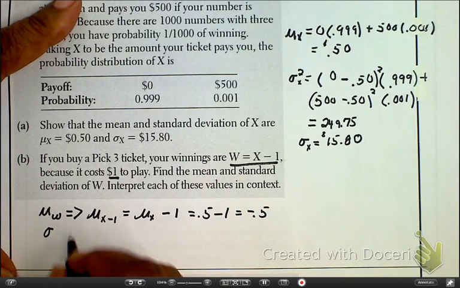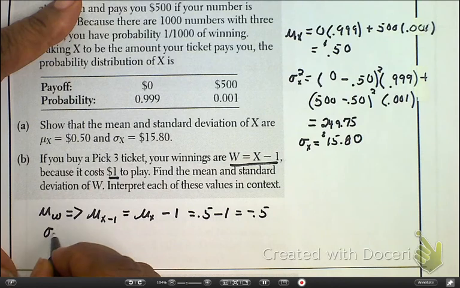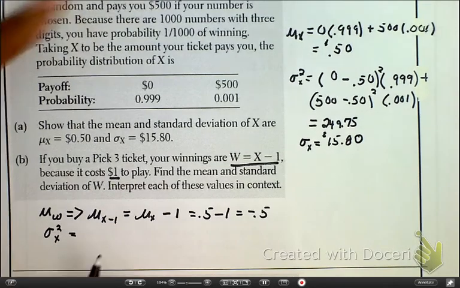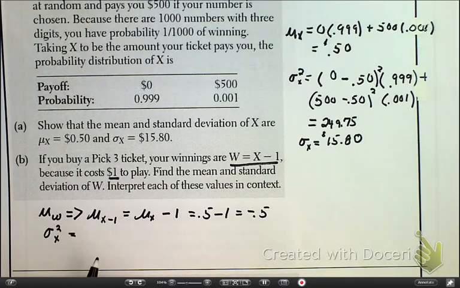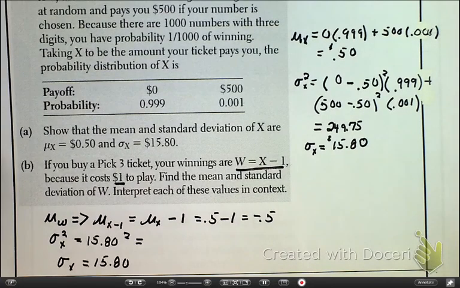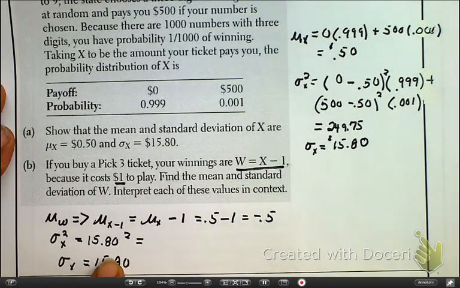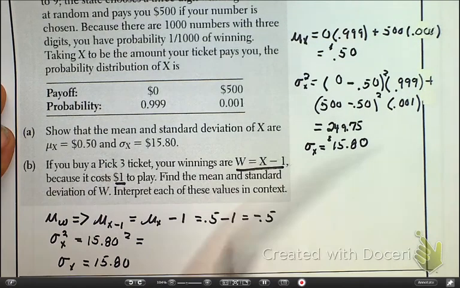Now when we're talking about the standard deviation, it is just simply going to be the value of x right here.